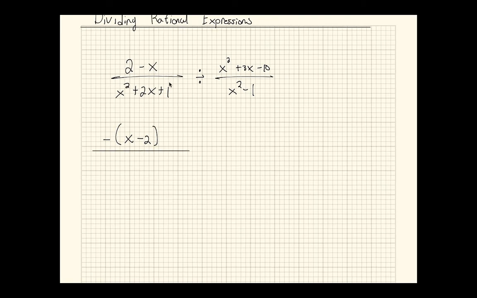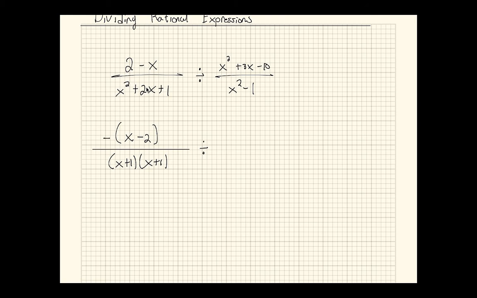On the bottom, factors of 1 that add to be 2 are 1 and 1, x plus 1, x plus 1. If you wanted to write them as x plus 1 squared, that'd be fine. Okay, divided by, that's going to be an x plus 5 times an x minus 2, because we have 5 times negative 2 is negative 10. 5 plus negative 2 is 3.